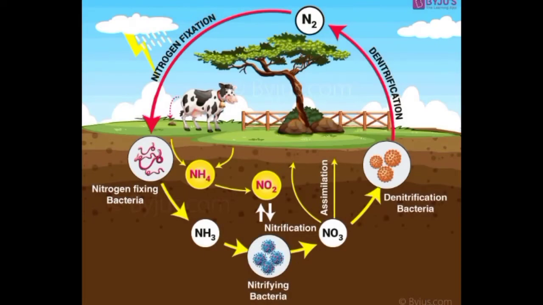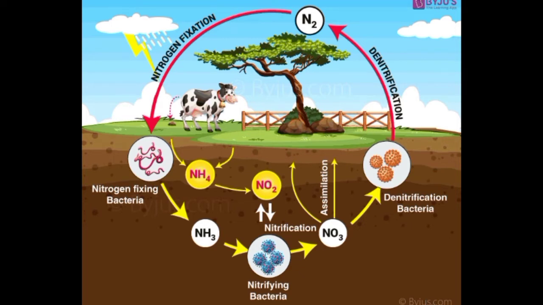The last process of the nitrogen cycle is the denitrification. This is a biological process of converting nitrate into nitrogen gas. The process is fast compared to nitrification. Denitrification is the final step in the nitrogen cycle. The nitrogen fixed through nitrogen fixation is returned to the atmosphere as nitrogen gas.